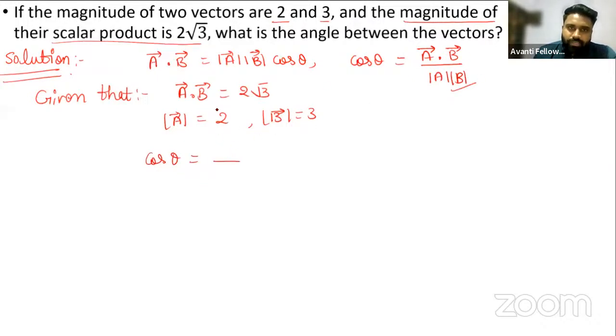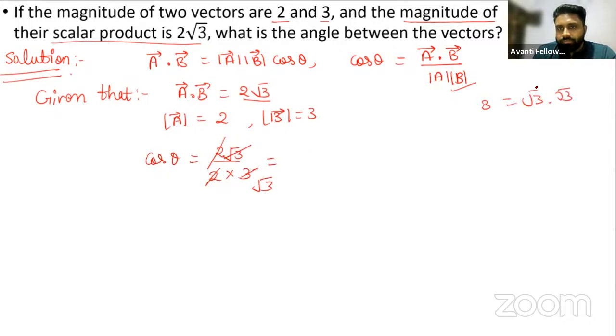Now, what is A dot B? It is 2 root 3. Magnitude of A is 2 and magnitude of B is 3. Cancel 2, and root 3 will cancel with the 3, because 3 here is root 3 into root 3.